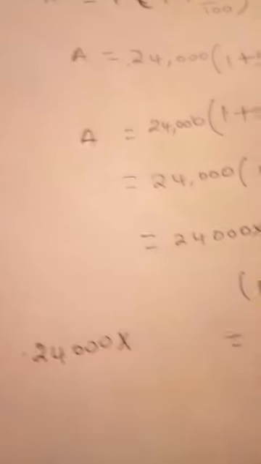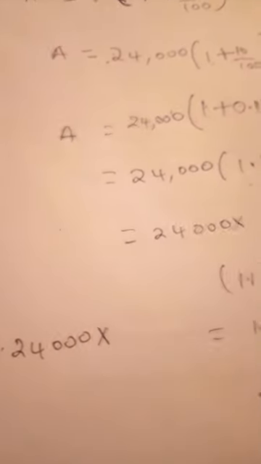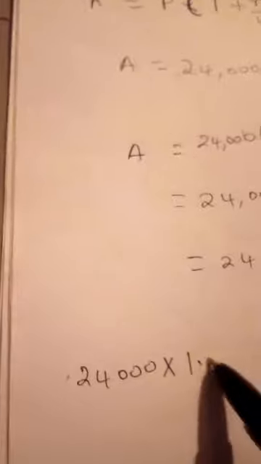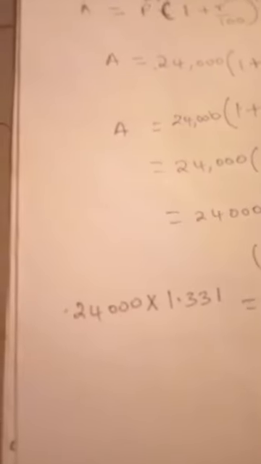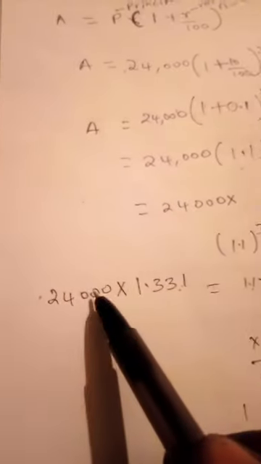So we are going to do it as 24,000 times 1.1 cubed, which is 1.331. We can remove the decimal places here because we have 3 decimal places and we have 3 zeros here, so we remove the 3 zeros.